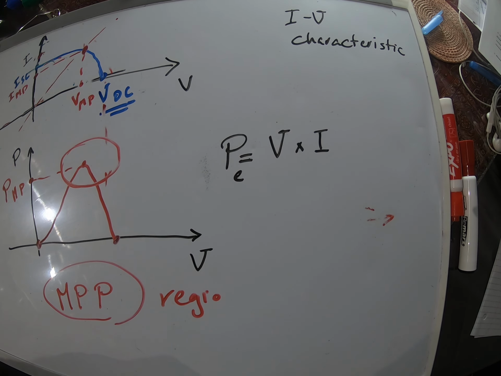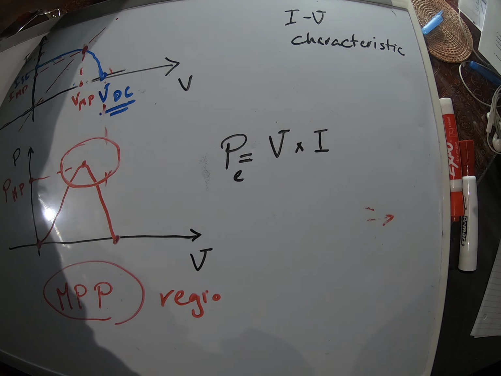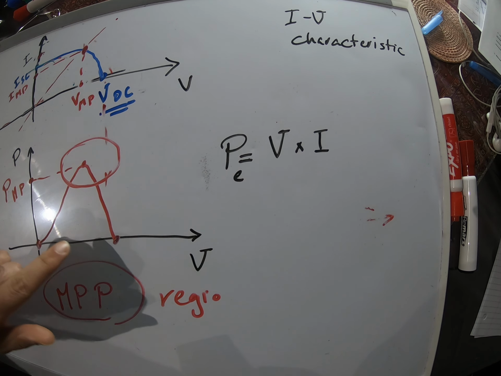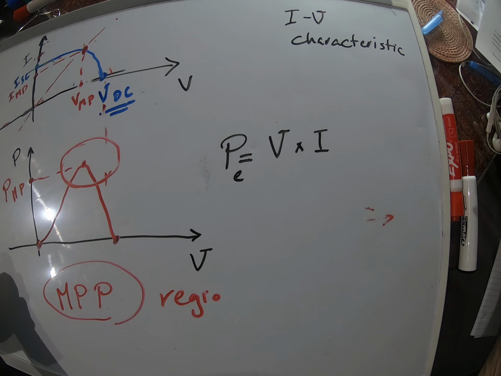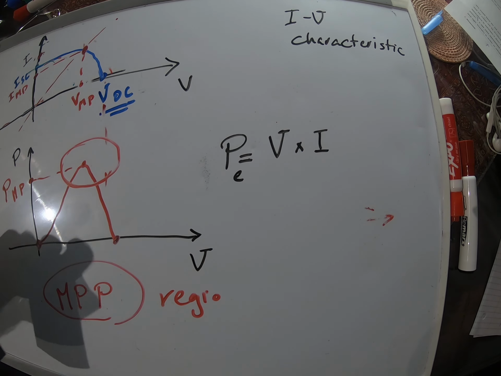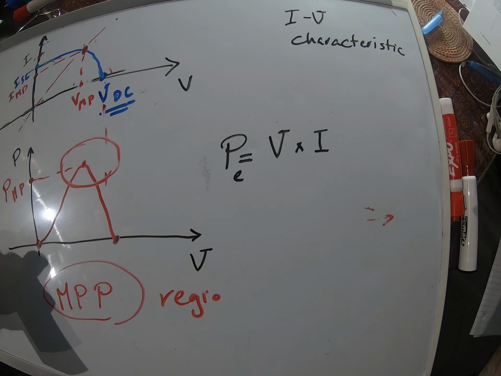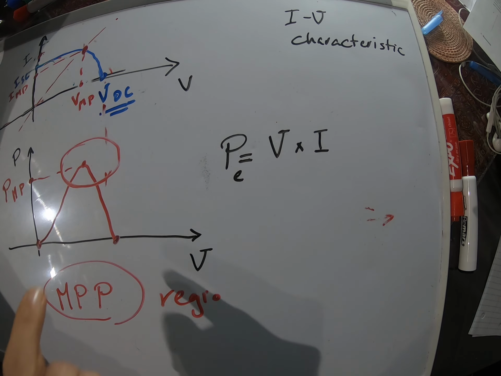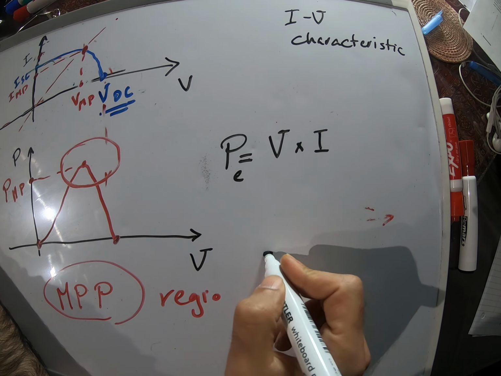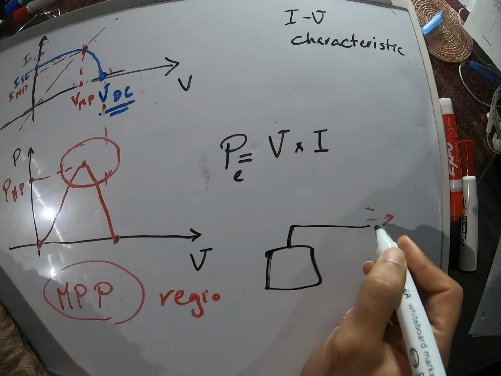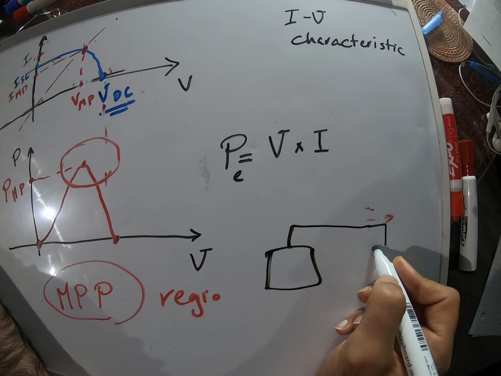So there are different voltages, different currents that we can have from a solar cell, right? But there's only one optimum point. So we want to make sure that we operate at this point. Now, let's say we have a solar cell and we have a load.